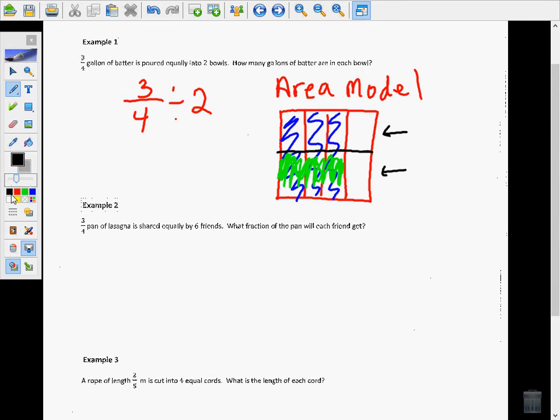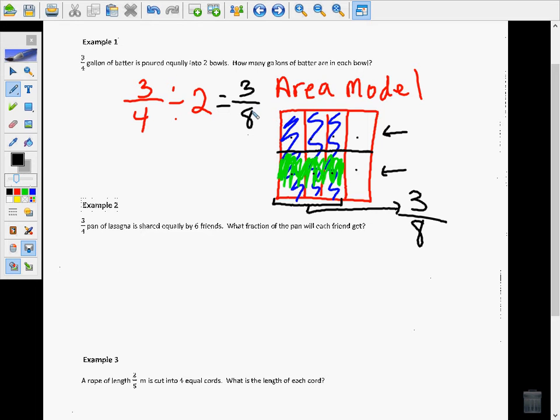So if you take a look, your overlap is right here, where it's green and blue. We have 3 shaded out of 1, 2, 3, 4, 5, 6, 7, 8. So 3/8. So 3/4 divided by 2 is 3/8. Okay, so that's the area model way. The other way is by rewriting it as a multiplication problem.